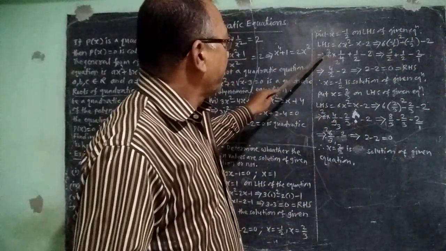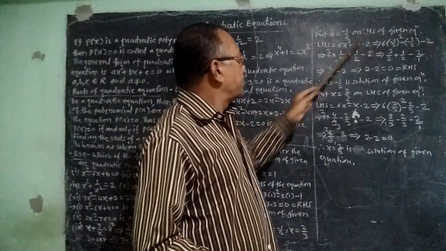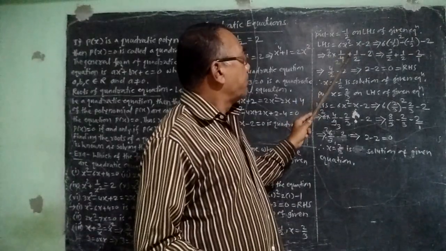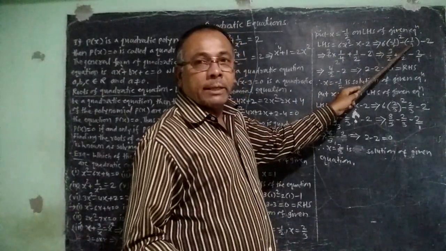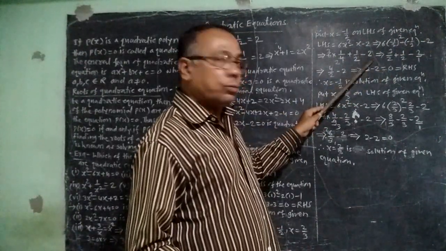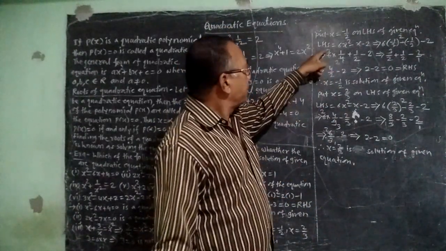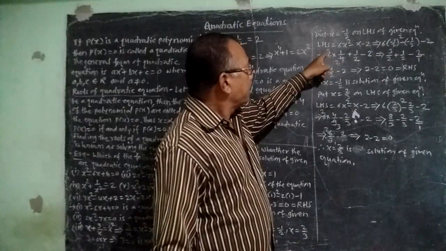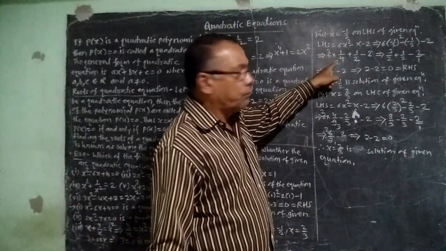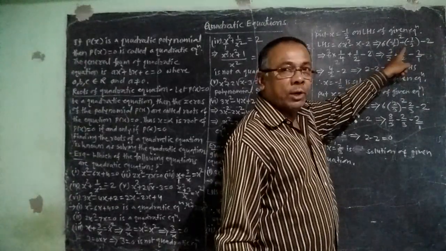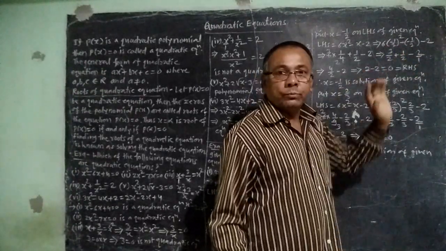So we get 6 into 1 upon 4 plus 1 half minus 2, because minus minus 1 half is plus. After reduction we get 3 upon 2 plus 1 upon 2 minus 2.